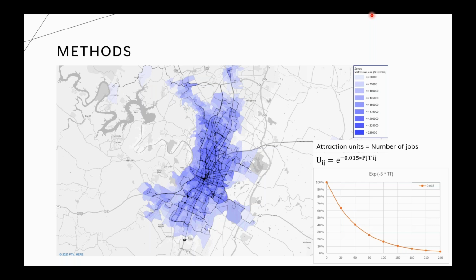So the attraction units are the number of jobs, and the utility function is the inverse of the exponential function of perceived journey time. And the beta factor was selected as 0.015.